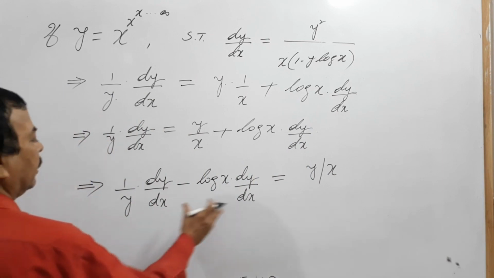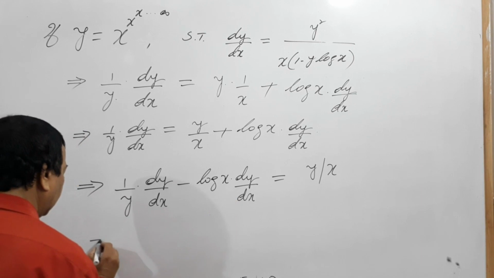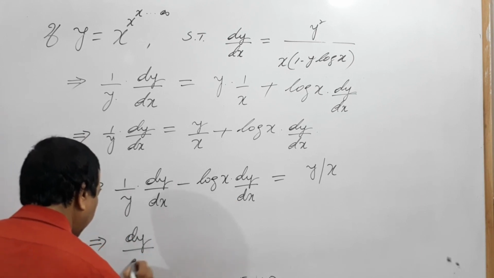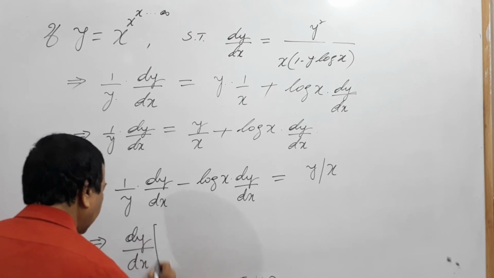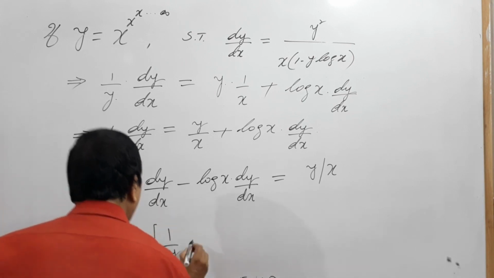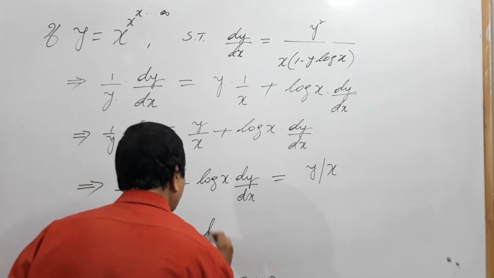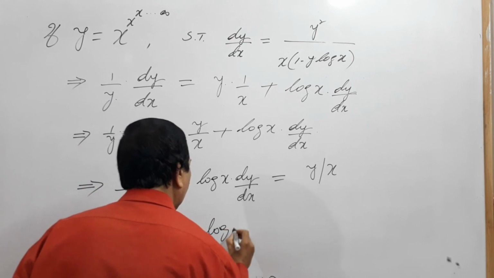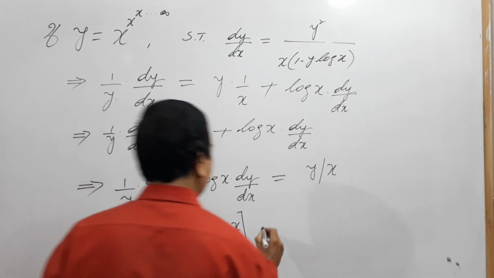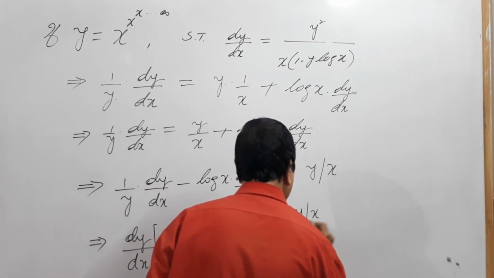So I'll take common out of this. dy by dx is common. So that becomes 1 by y we get here minus log x equals y by x.